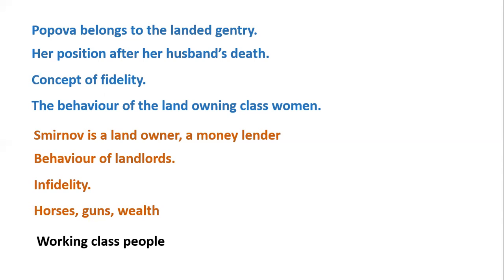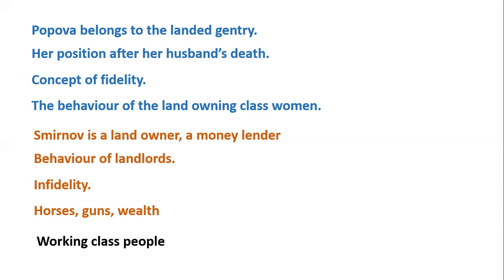So the playwright brings the audience back to the landlord society, or we can say to the feudal system in Russia, especially before their revolution, and the change in society in the transitory period.